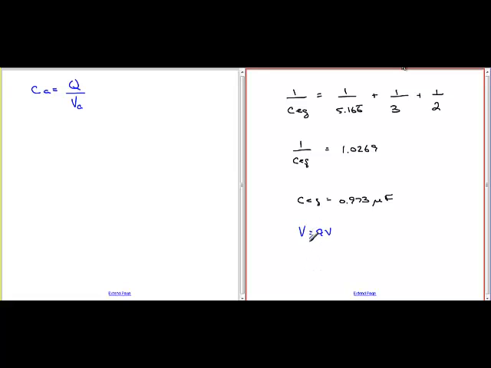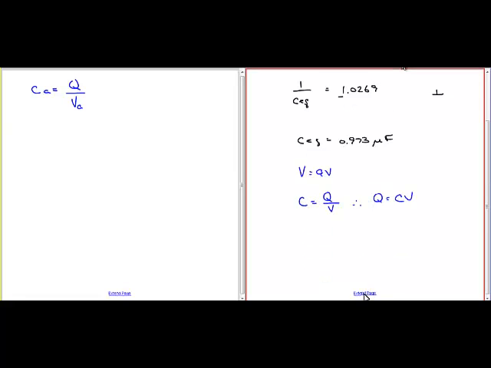So we know that capacitance is equal to Q over V. Therefore, Q is equal to C times V. And so Q is equal to the equivalent capacitance, 0.973 microfarads times the voltage, which is 9 volts.